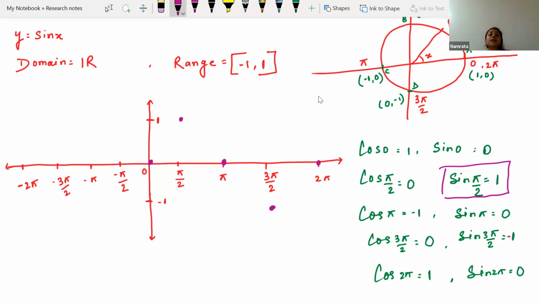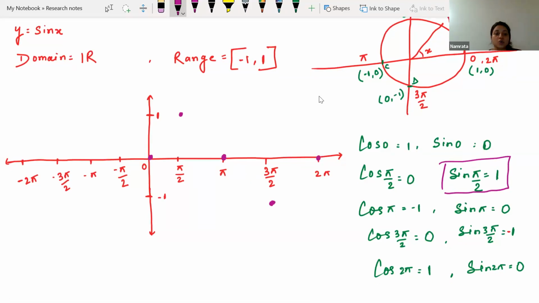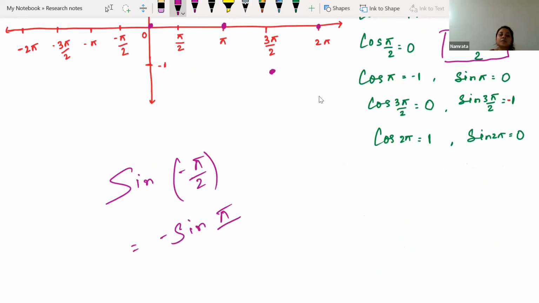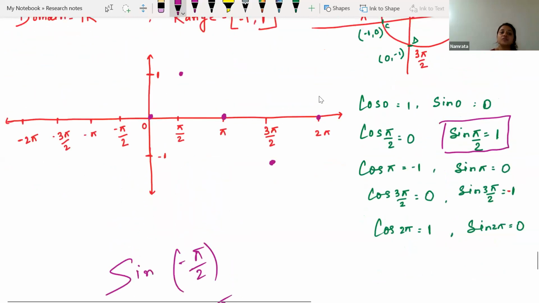Now sine of minus pi by 2. What is the value of sine of minus pi by 2? Let's go ahead and write it. Sine of minus theta is minus sine theta. That is minus 1. So at minus pi by 2 the sine value is minus 1. At minus pi, the integral multiple of pi, it will be 0. So here it's 0.